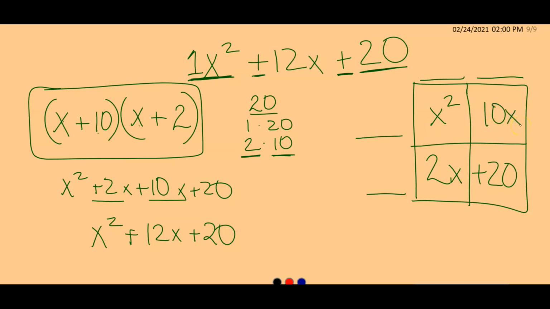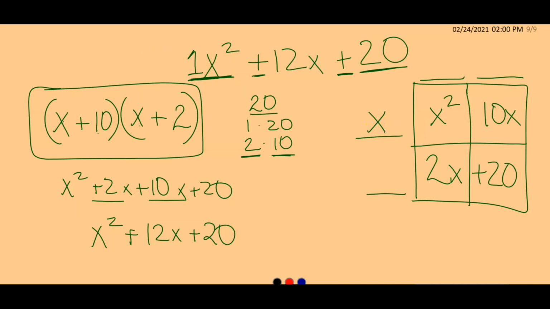And once again, I would like to remind you, it does not matter which you write in which box. So this time I'm going to go straight across again. So what is the greatest common factor between these two terms? It's x, right?